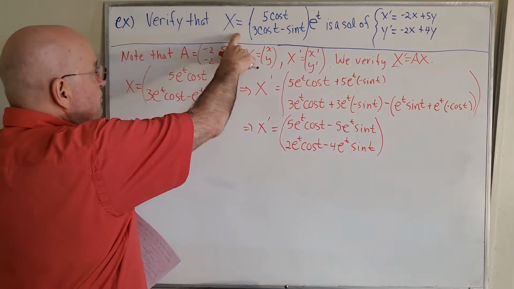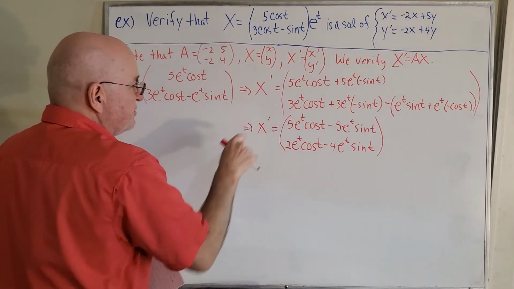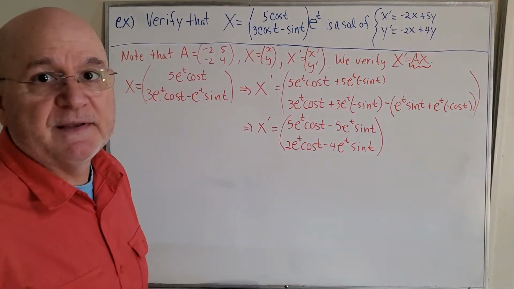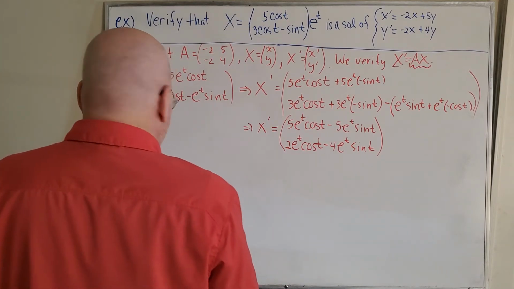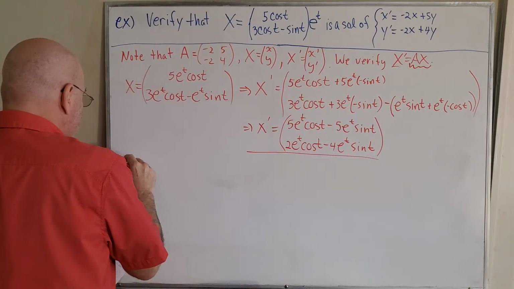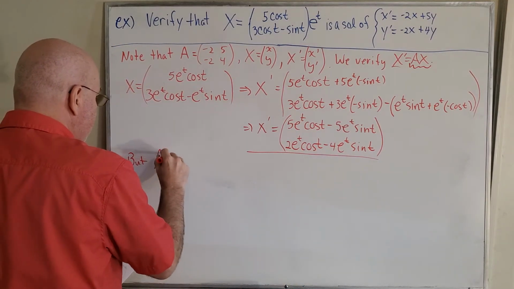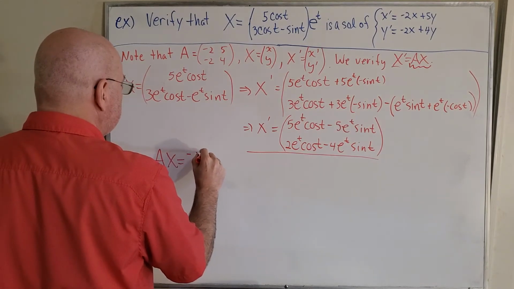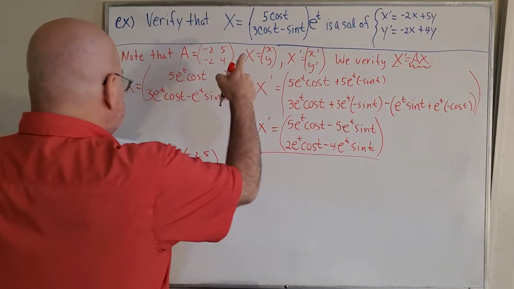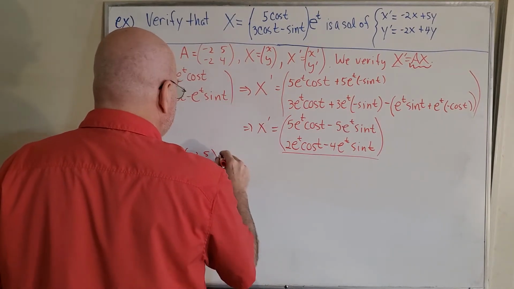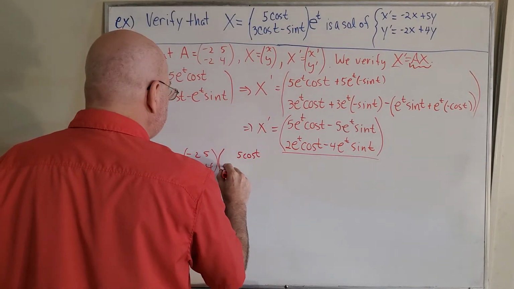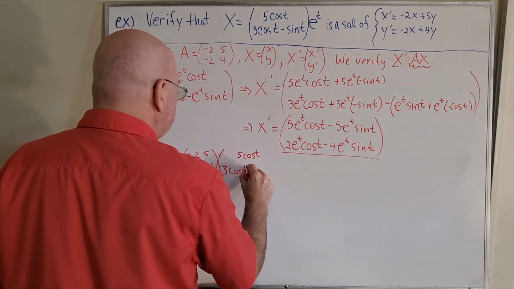Okay, so we used our solution to determine what x prime was, and now we need to compute this and make sure we get the same thing. So that A x is equal to -2, 5, -2, 4, times that. x is 5 cos t on top, and then 3 cos t minus sin t.